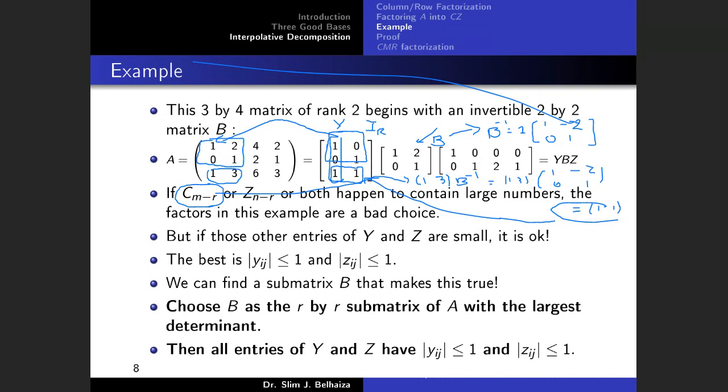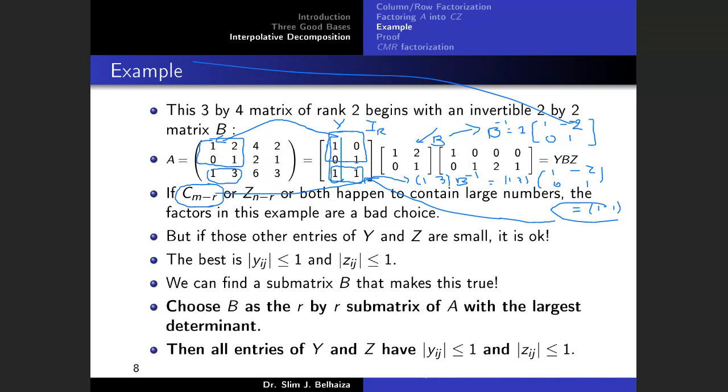You used the upper part in B, and the remaining part you have to use with C_{m-r}. So if you multiply it by B minus 1, you will get 1, 1. So this is what has been obtained.